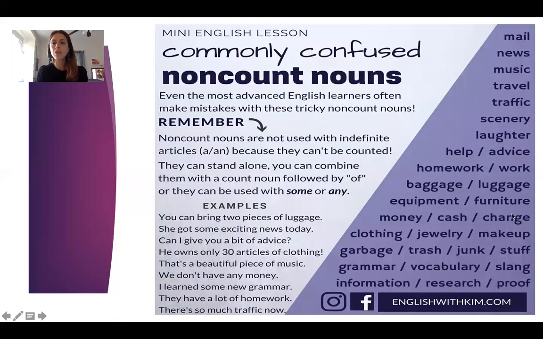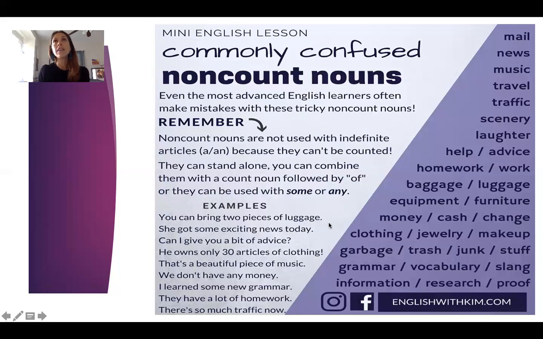Now, to the right are commonly confused non-count nouns, and a lot of this is repetitive from the last slide. We can use these with some or with any, but you cannot pluralize these things. So we can say, you can bring 2 pieces of luggage. So that's important.